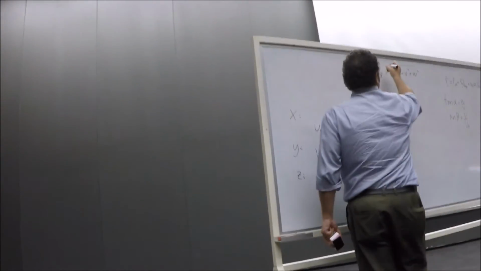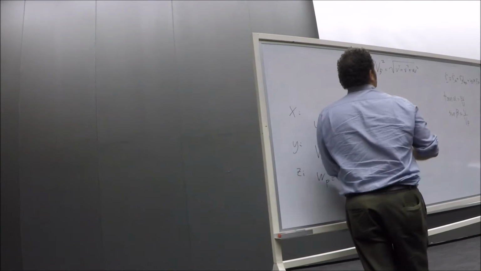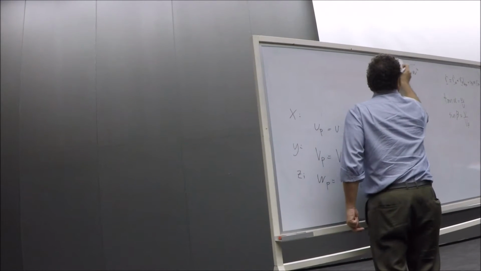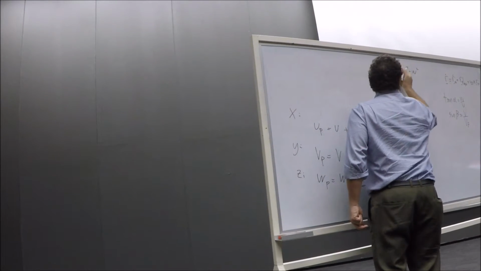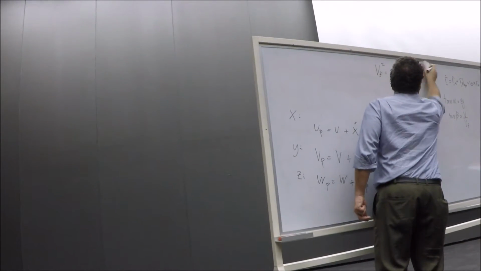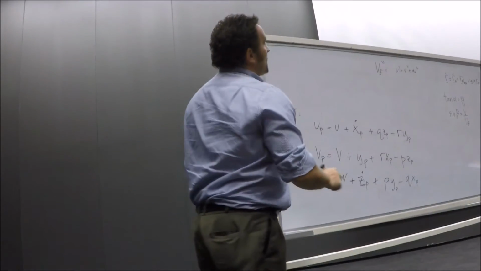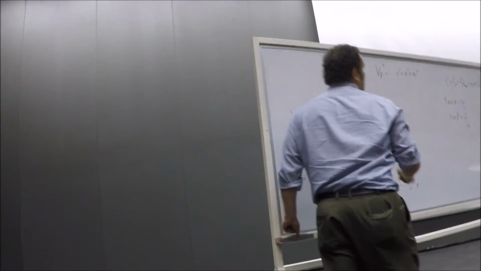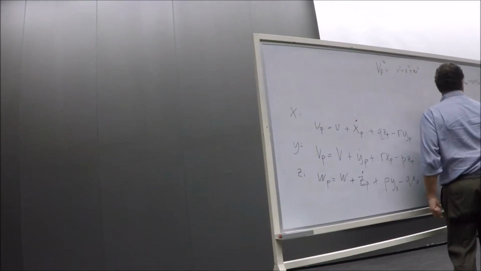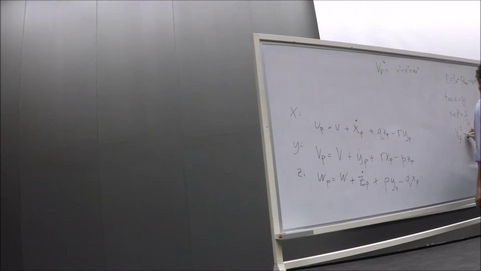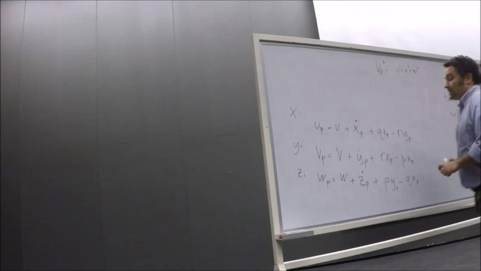Or we can get rid of the square root and take Vf square equal to u square plus v square plus w square.